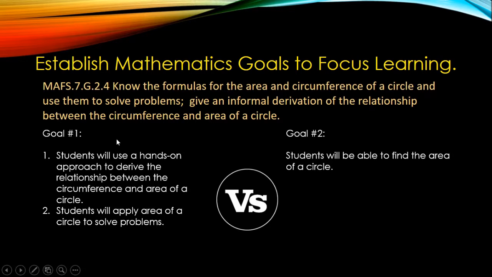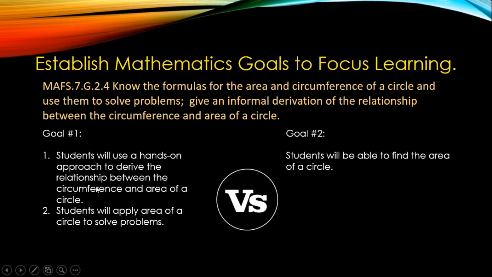However, the learning that takes place under Goal 1 could be very different than the learning that takes place under Goal 2. Goal 1 is specific about what students are to know and be able to do. It addresses the conceptual aspect of the learning by requiring students to get hands-on in constructing and deriving the relationship between circumference and area.